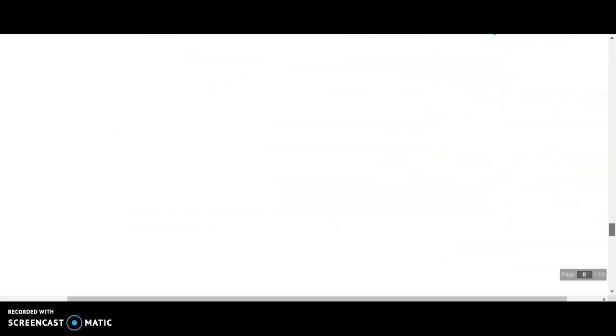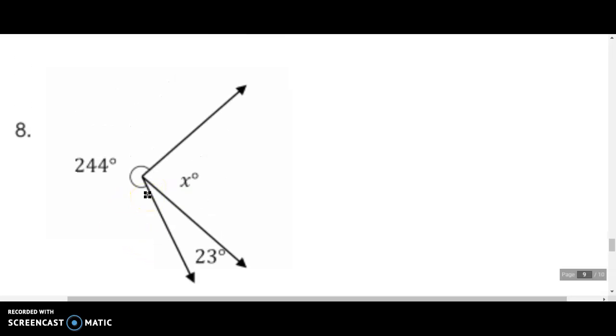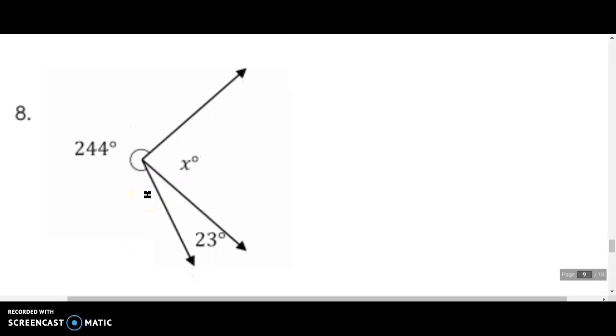Finally, our last one here. Oof, this one actually isn't complementary or supplementary because I don't have any singular straight lines, okay? But what I do know is that from here all the way around in a full circle, that equals 360 degrees.